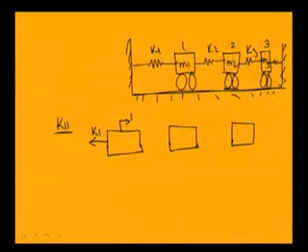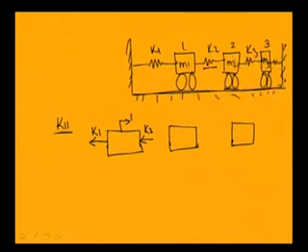Similarly, the second spring K2 will be compressed by 1, as the second point is not moving. So, it will exert a force K2 in this direction. For unit displacement of mass 1, these 2 springs will give a force K1 plus K2 in this direction.